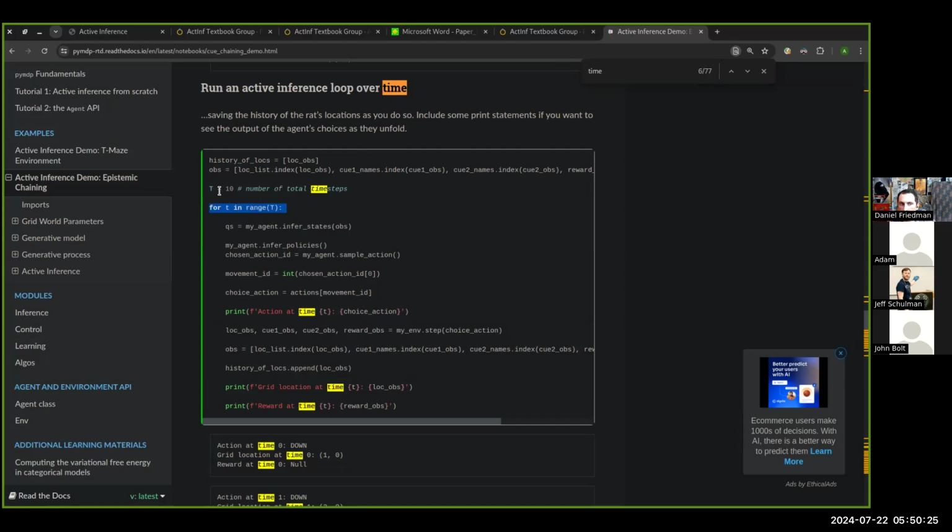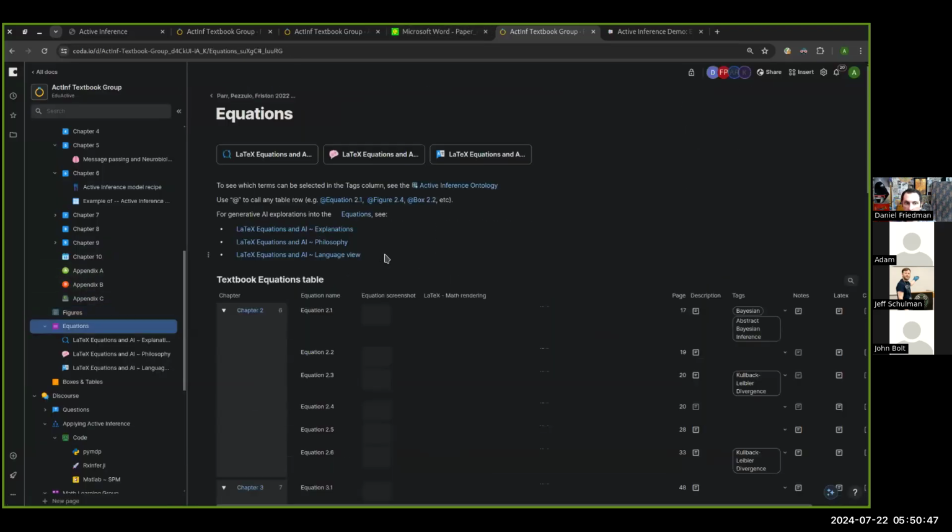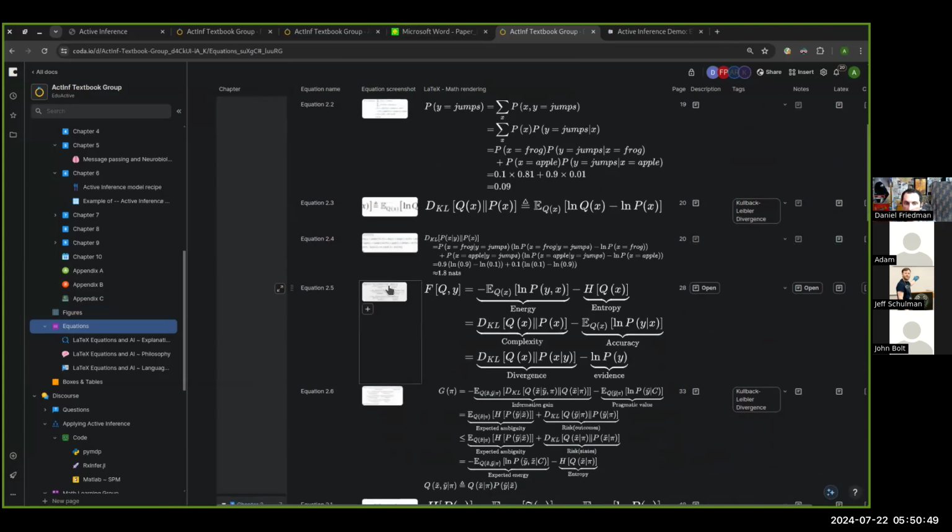While we're within the range of steps, this is where we get to the OODA: observe, orient, decide, act, because we're actually going to see procedurally what happens within the active inference loop. First, Q of S. Q of S is Q of X, Q of hidden states.